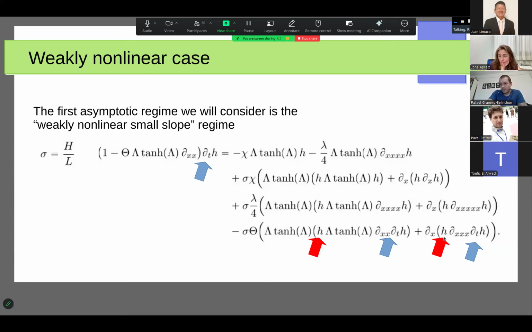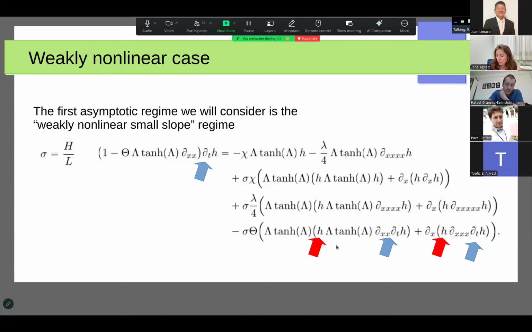Why 4? Because when we distribute this time derivative and this space derivative, we get a term like 4 derivatives in x hitting a time derivative of h. So it seems that the main contribution for the time derivative of h is in fact a 4th order operator in space.